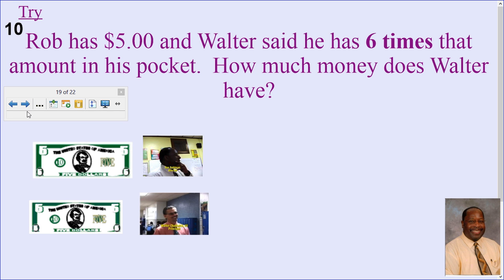Here's a question. Rob has $5, and Walter says he has 6 times that amount in his pocket. How much money does Walter have? Take a minute. There's Rob. There's Walter.